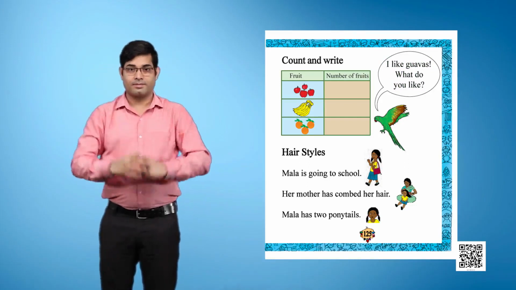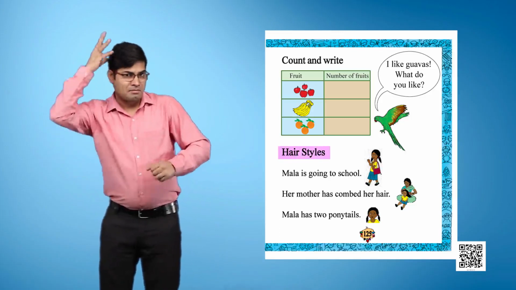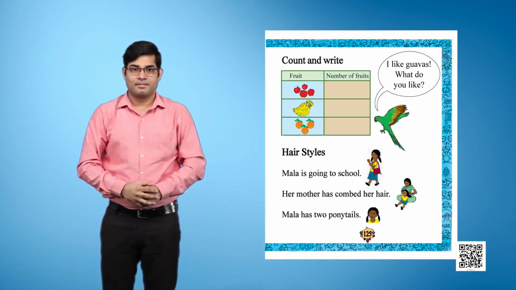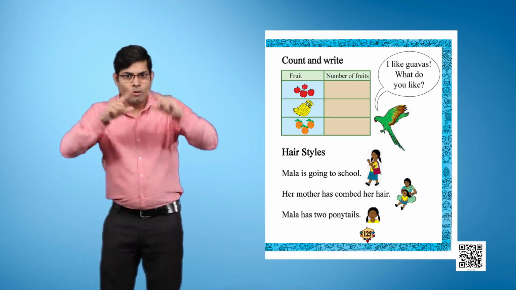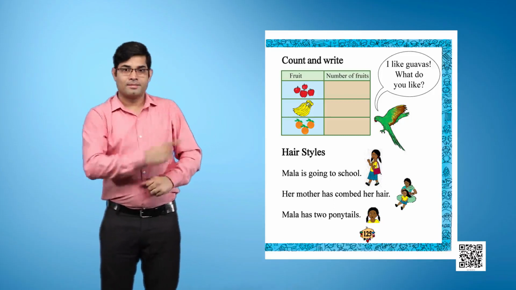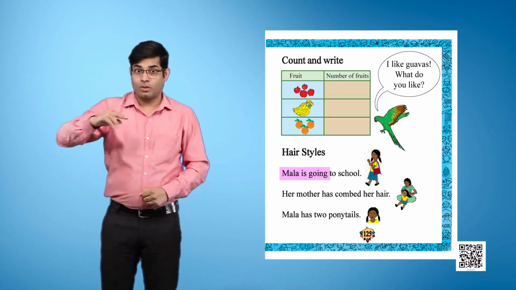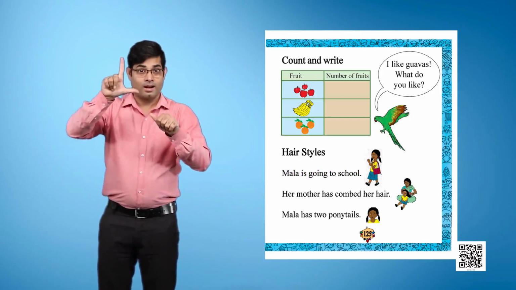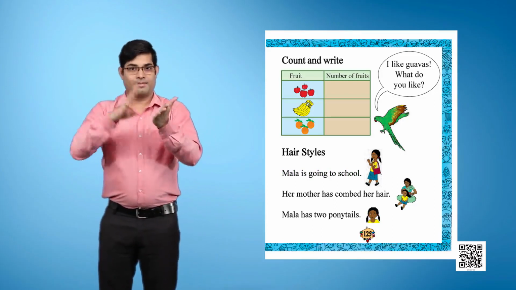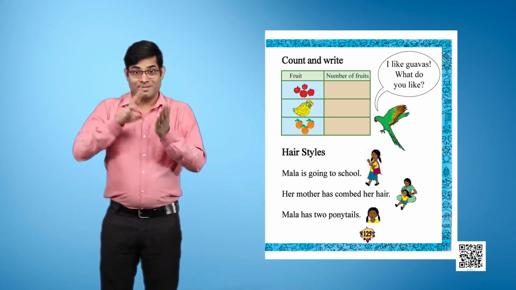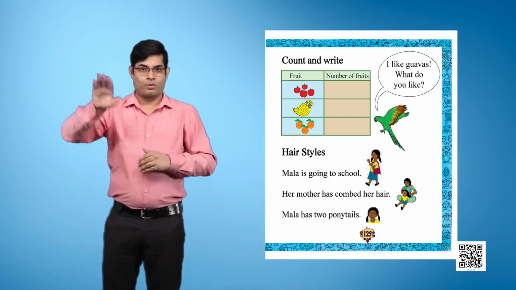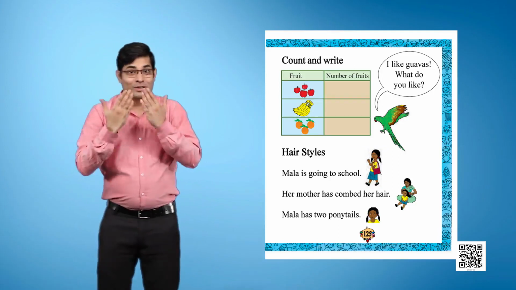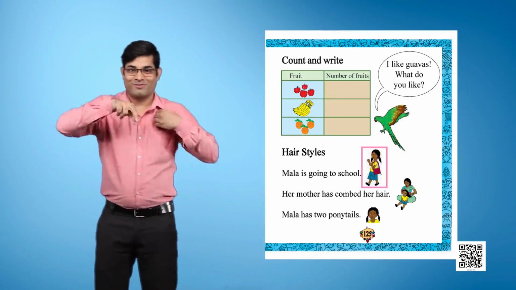Part 2. Hairstyles. In this part, the text is on the left side and picture is on the right side. Mala is going to school. Picture shows a girl carrying school bag going to school.